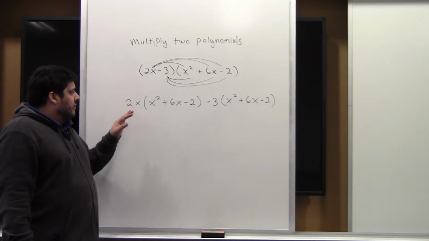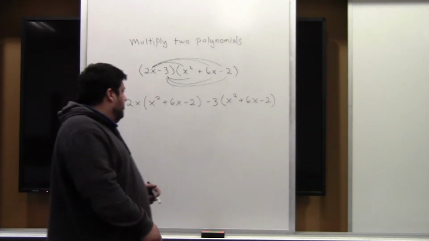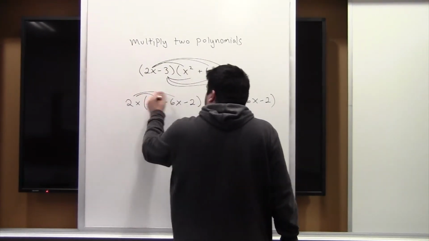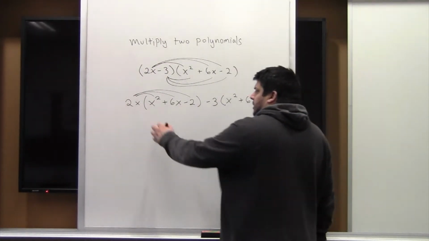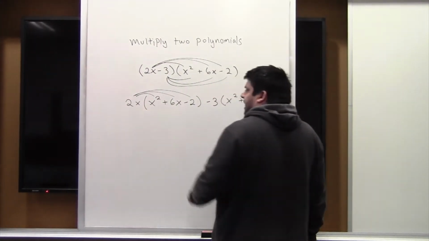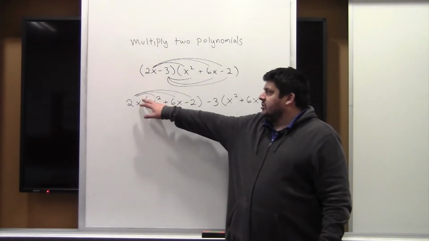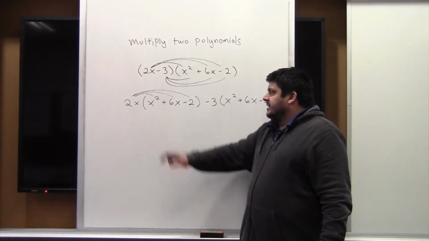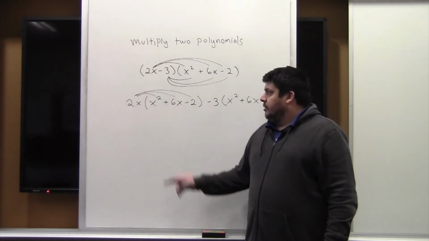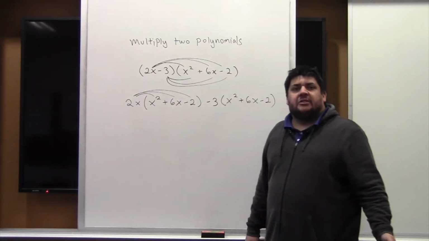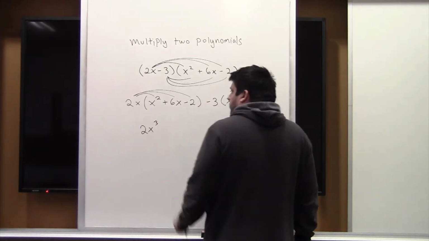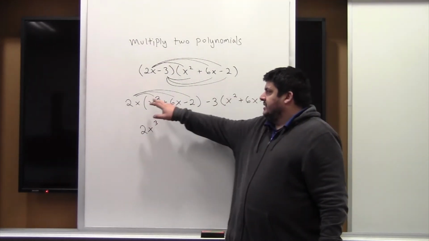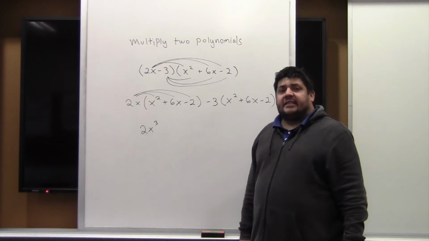So let's start with this side here. What we have to do, just as before, we distribute this to each term. So now we get 2x times x squared. This is an x to the 1, and this times an x squared. We add the exponents, that gives us 2x cubed. Now 2x times 6x. 2 times 6 is 12.